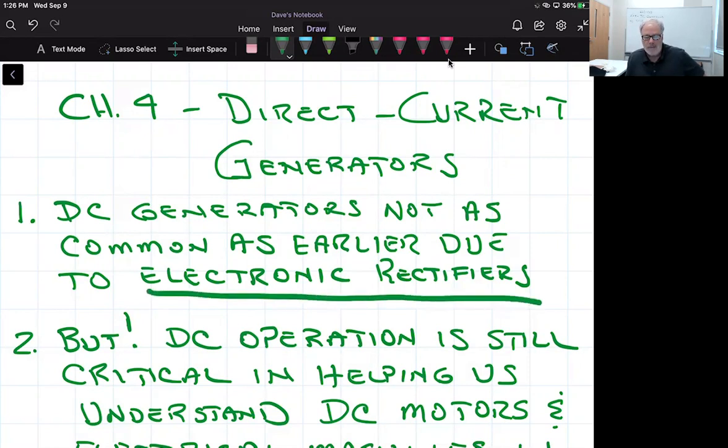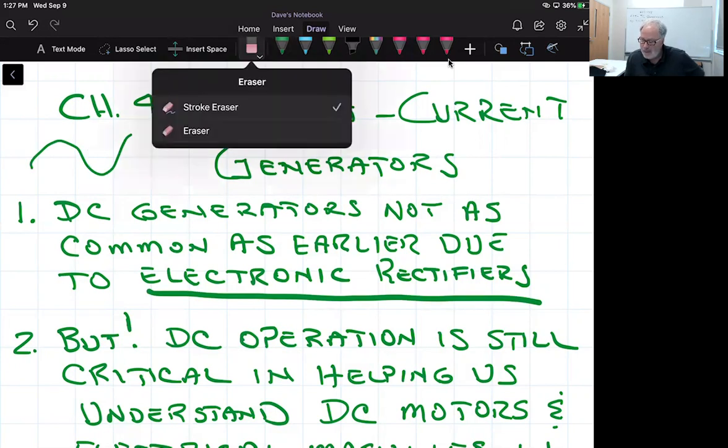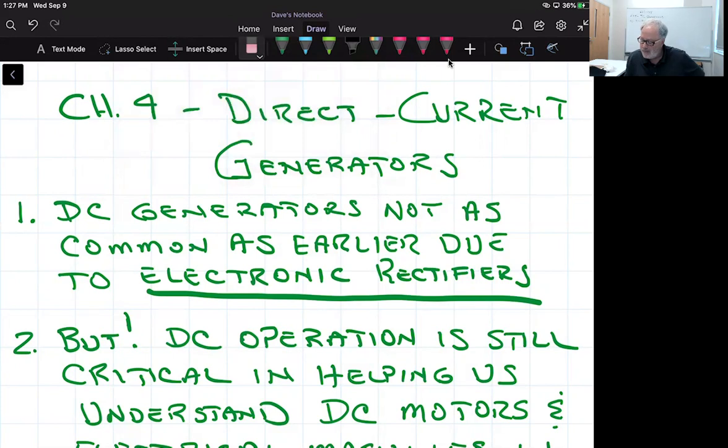And what a rectifier does, it takes an AC wave and it rectifies it to a DC signal. So with the widespread use of rectifiers, we don't actually need the DC generator itself to produce the DC voltage or the DC current when we need it. Okay, so that's one thing.